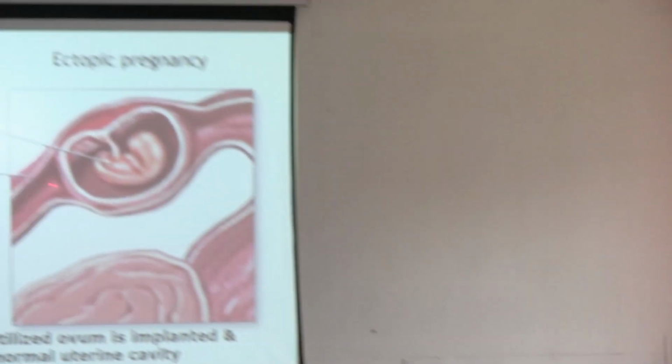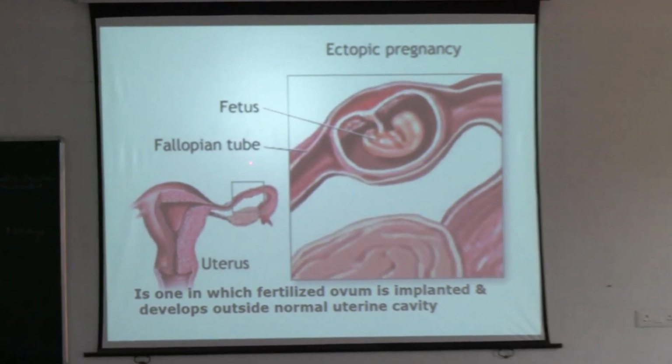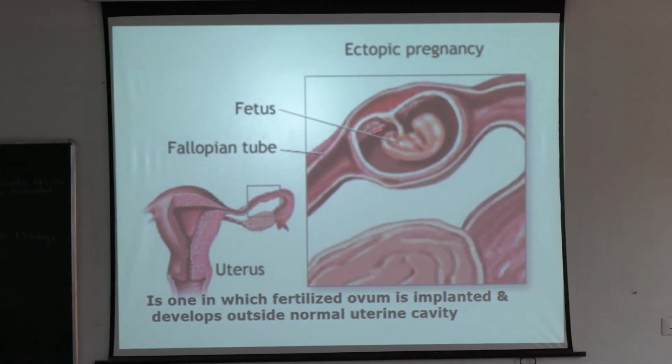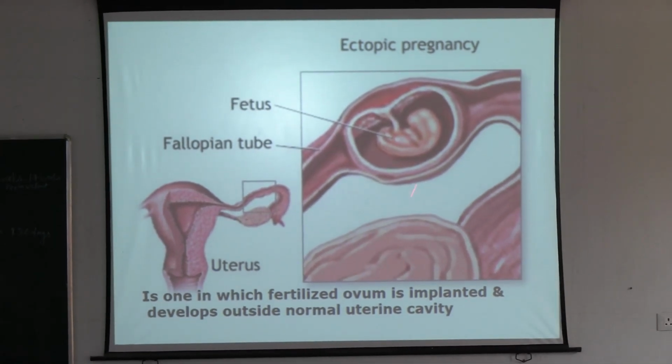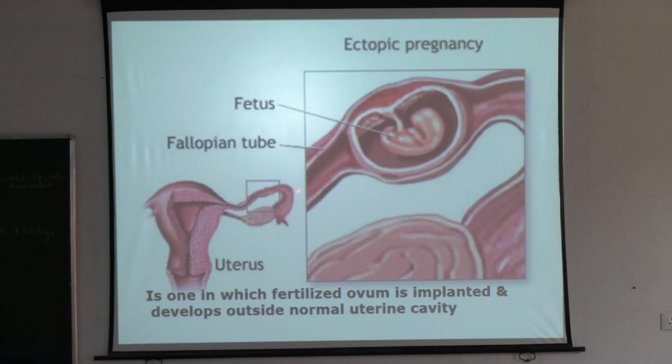See, this is the fallopian tube where there is a pregnancy, and this is the uterus. So, it is outside the normal area of location of the implantation, within the tube, which is the commonest site for ectopic pregnancy.